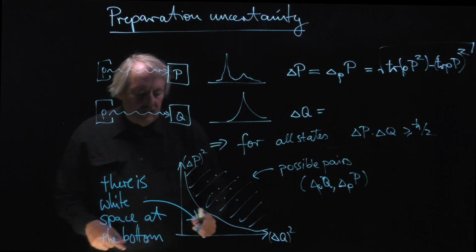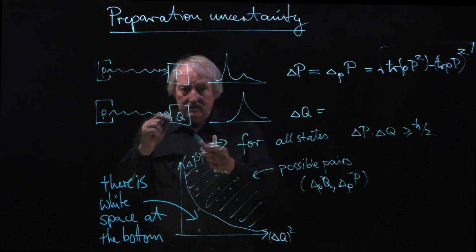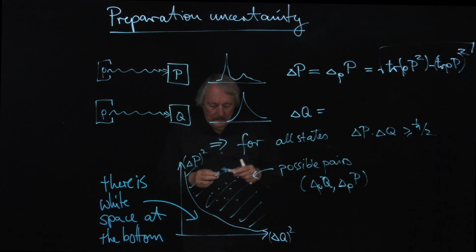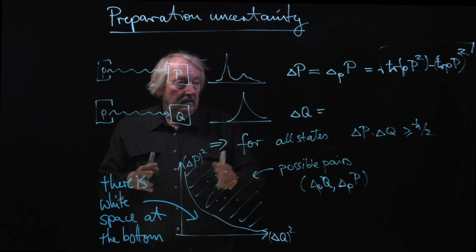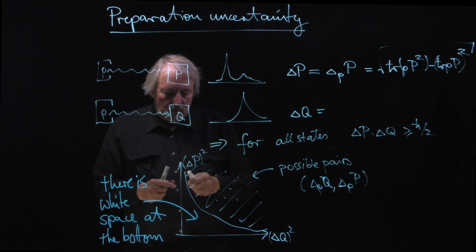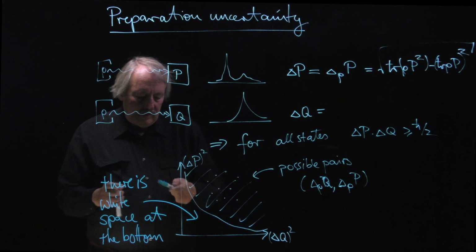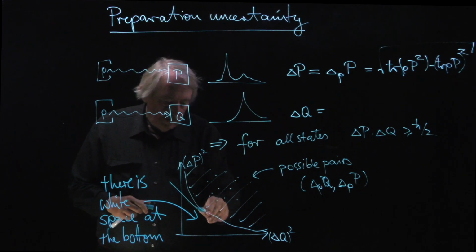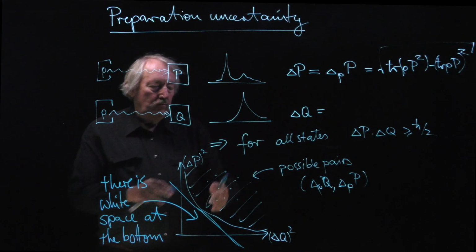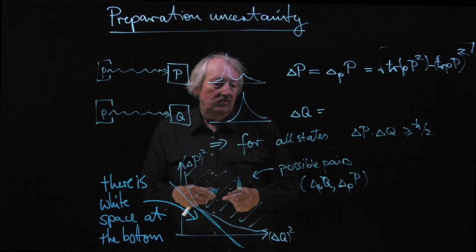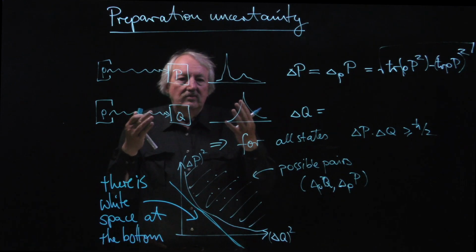Around the origin, where both would be small, you don't find a state that does that. That is the basic statement. Now, there are different mathematical relations that would express that, and this thing with the products is just one of them. You could just as well look at a linear combination of the two variances and say that there's nothing below this line, which is supposed to be a straight line. That would be a sum of variances that is constrained, and it would have the same conceptual meaning.